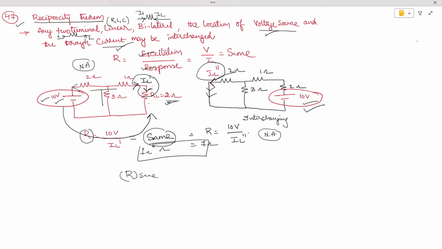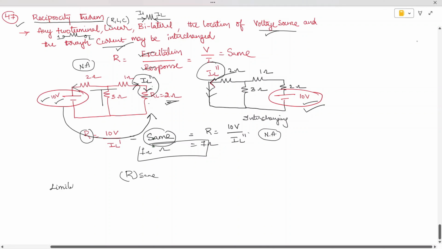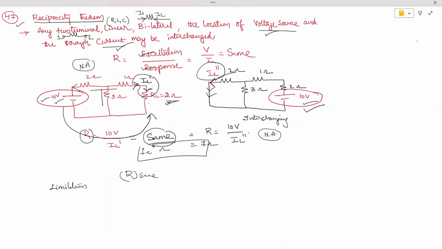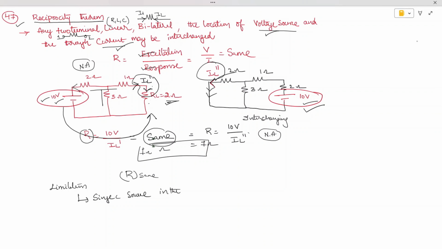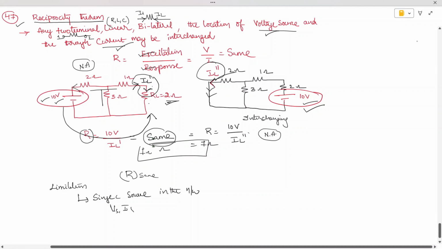You have to remember one point, the limitation of this theorem. This theorem, the excitation to the response concept R remaining the same, is valid only when we have a single source in the network. Only one source. This source may be a voltage source or a current source, only one source.